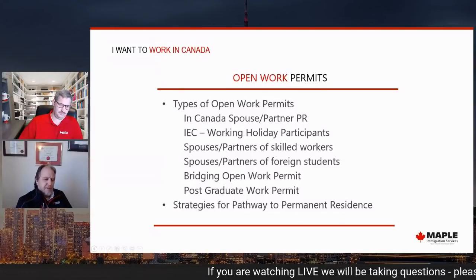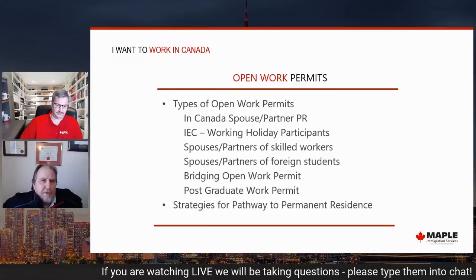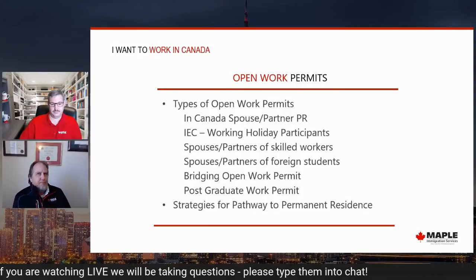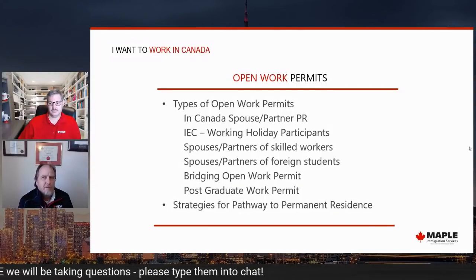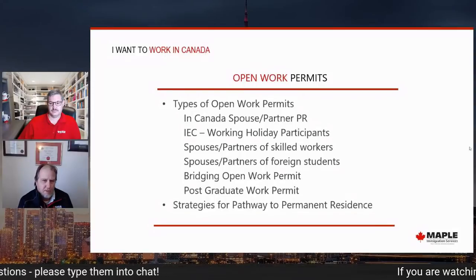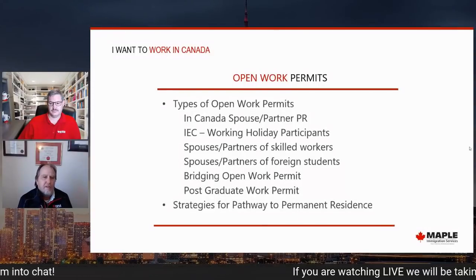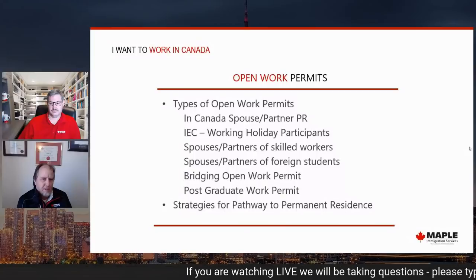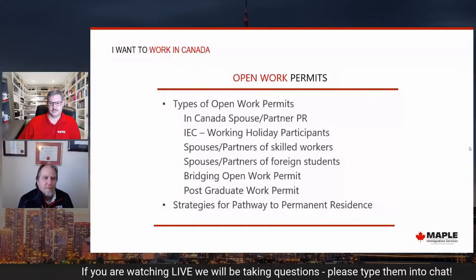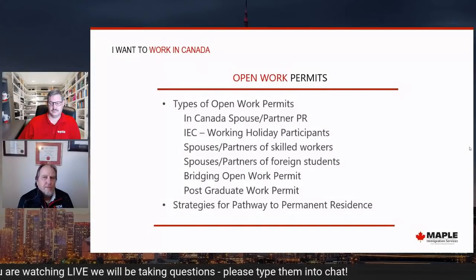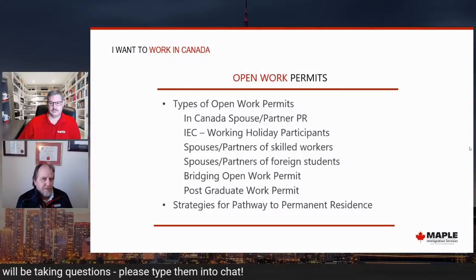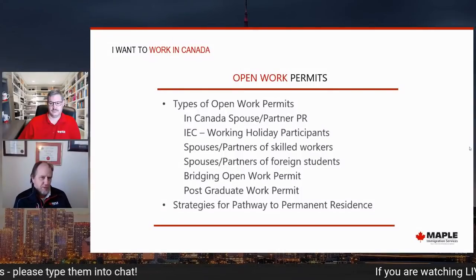So open work permits. There are a number of different programs that offer open work permits. So we'll just go through them quickly here. We'll dive into a couple of them later on, but for family sponsorship and also through economic programs, there can be open work permits.